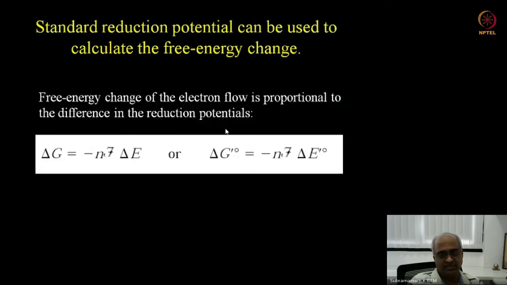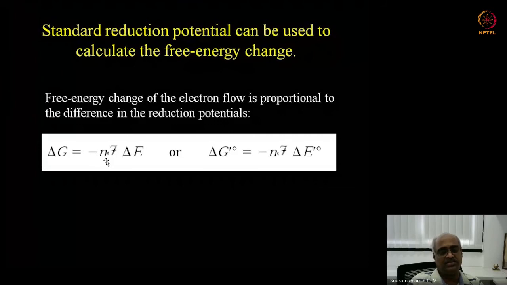That's the direction for the subtraction to get the delta E. For the standard one, you will use the standard value at pH 7. So this is for any concentration.